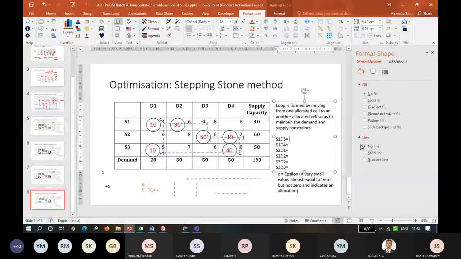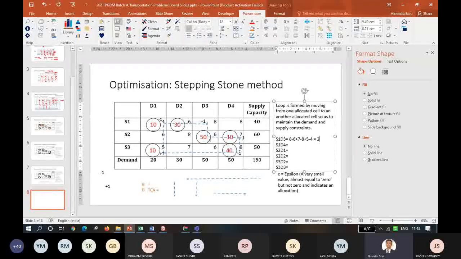We will start with addition: plus 8 minus 6 plus 7 minus 8 plus 5 minus 4. Correct? 8 minus 6 is 2. 2 plus 7, 9. 9 minus 8 is 1. 1 plus 5 is 6.